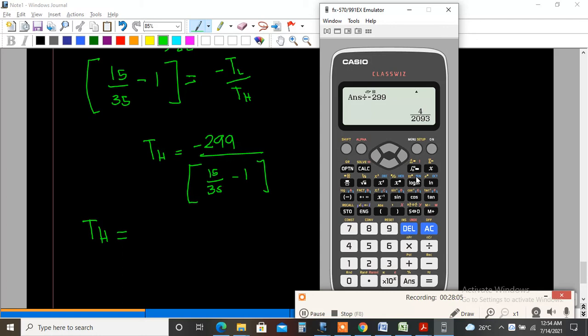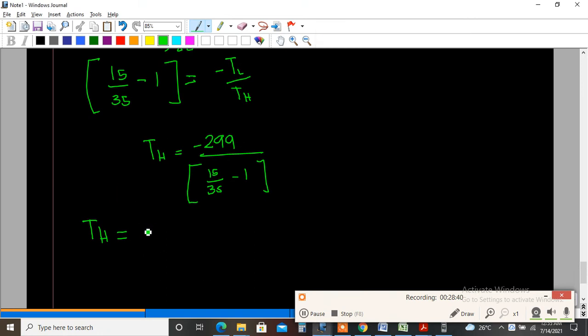Answer: 2093 over 4, that is equal to 523.25 degrees Kelvin.